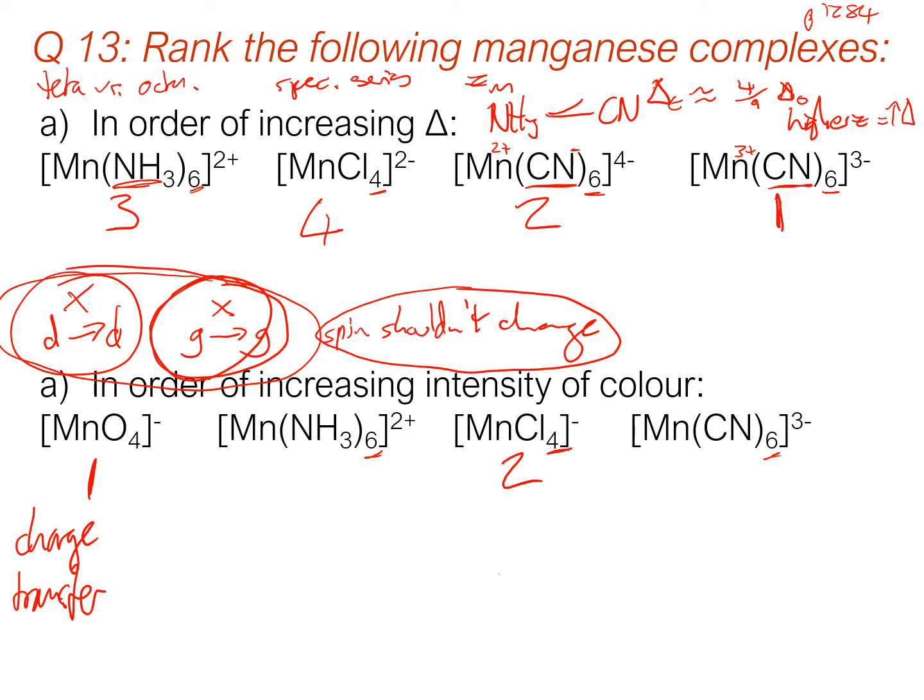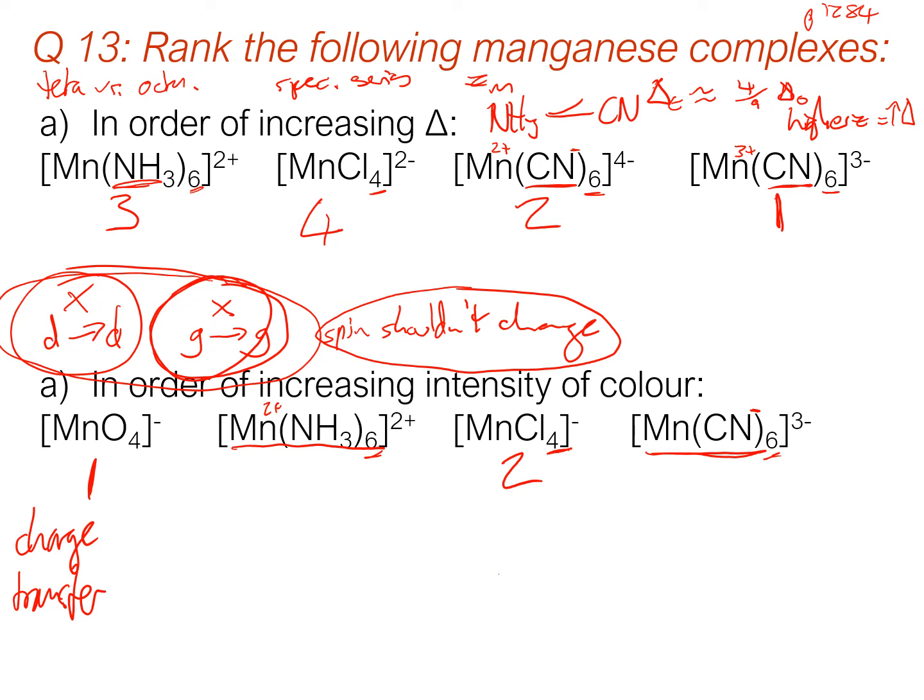So in this first complex on the left, ammonia is a neutral ligand, so the charge on the metal is going to be the same as the charge on the complex as a whole. So this is manganese 2+. And in the other complex we're looking at, the hexacyano manganate, each cyano ligand has 1 minus charge. It's an anion, so that's 6 in total.